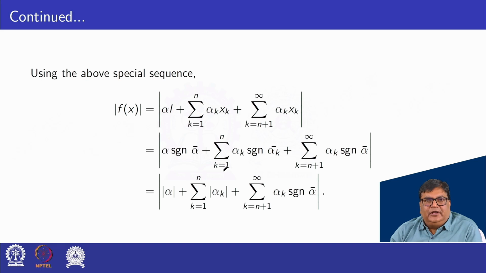So this term can be written as alpha signum alpha bar, that is |alpha|. Similarly, this one is the summation k equals 1 to n of |alpha_k|. And this one, with alpha_k and signum alpha bar, stays the same: the summation k equals n plus 1 to infinity of alpha_k signum alpha bar.